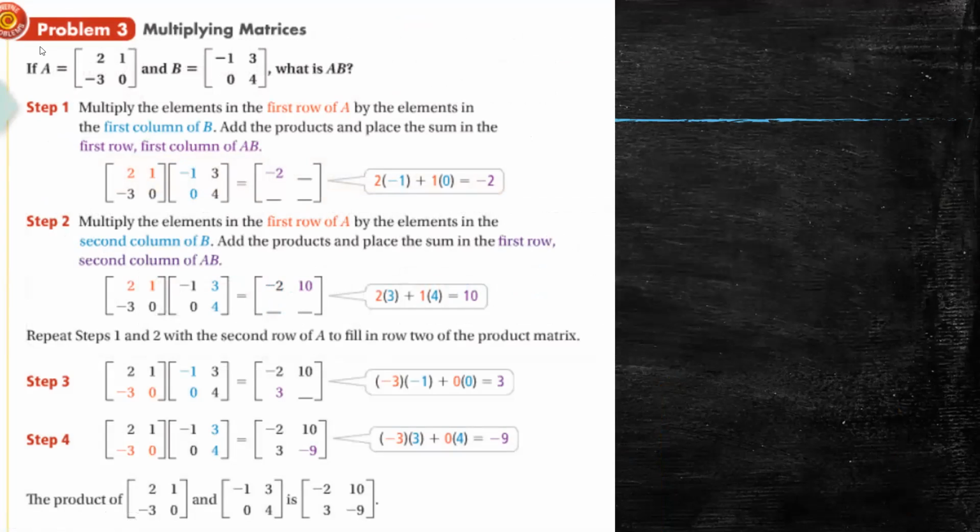If matrix A is 2, 1, negative 3, 0, and matrix B is negative 1, 3, 0, 4. Multiply the element in the first row of A by the elements in the first column of B. What does it mean? That means I have to multiply this by this. Then 2 times negative 1.